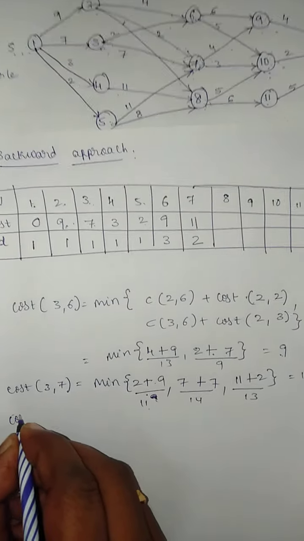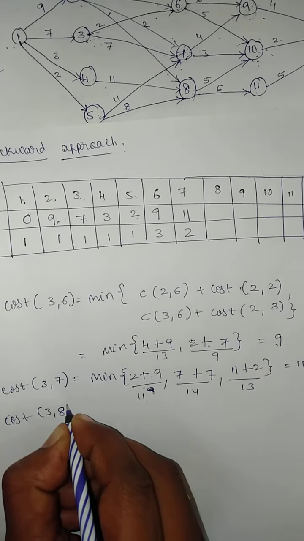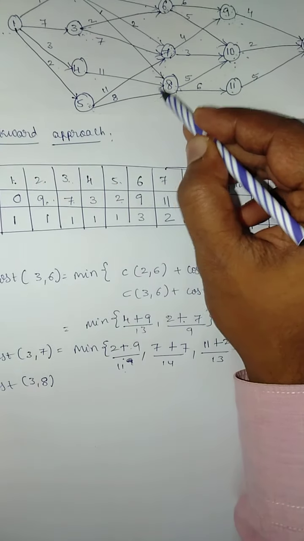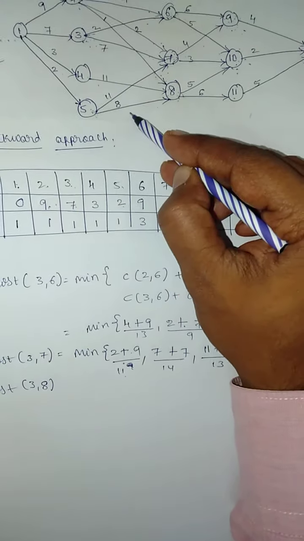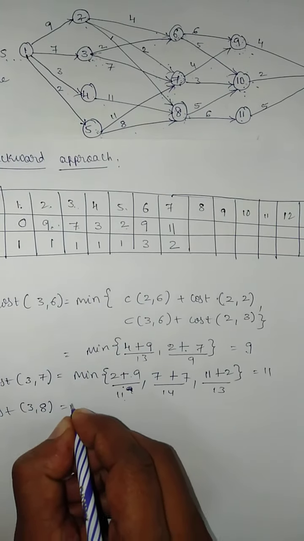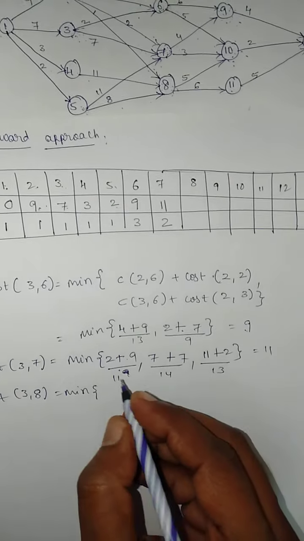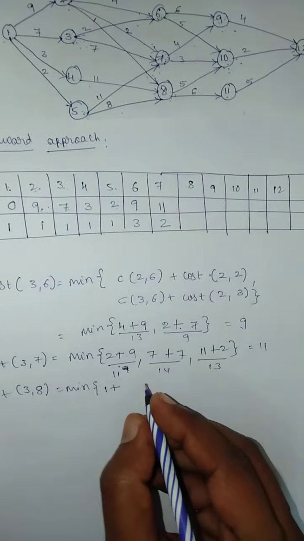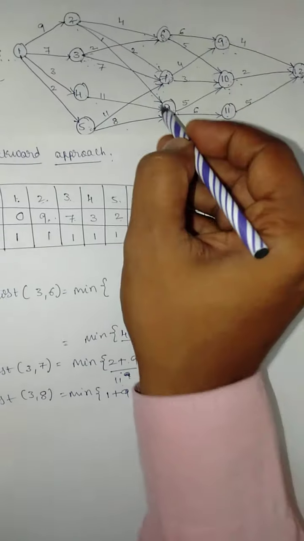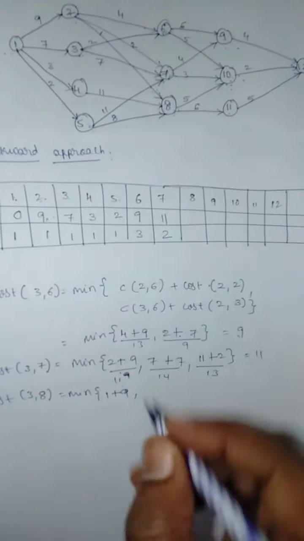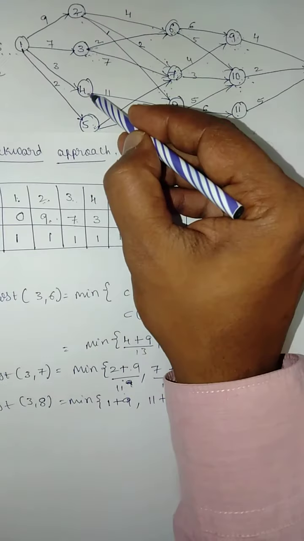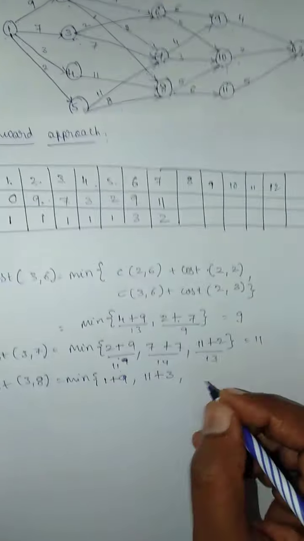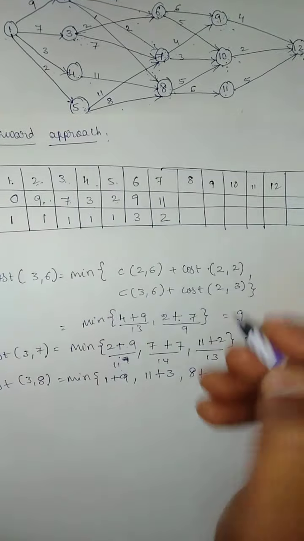Similarly, cost of stage 3 vertex 8. As you can see, for vertex 8 there are 3 incoming edges from 2, 4 and 5 in the previous stage. So minimum of: from 2 the cost is 1 plus cost for 2 is 9, the second incoming edge has cost 11 plus cost for 4 is 3, and this edge cost is 8 plus cost for 5 is 2.